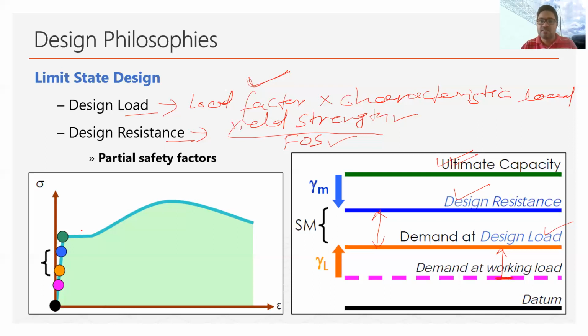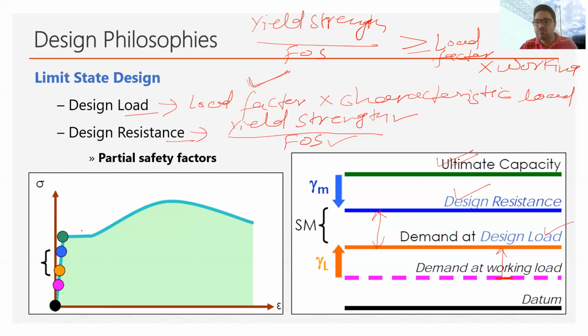As a theory, if we say that yield strength divided by factor of safety should be greater than or equal to load factor multiplied by the working load, this is the concept of this limit state.